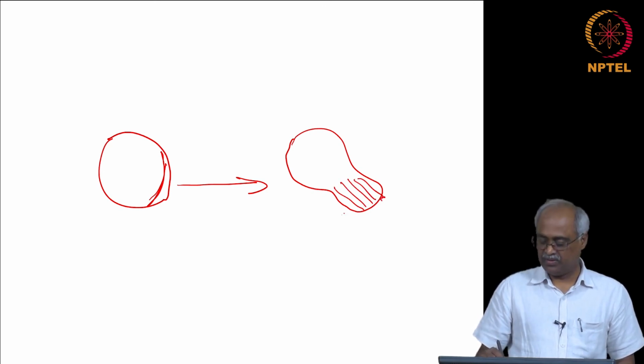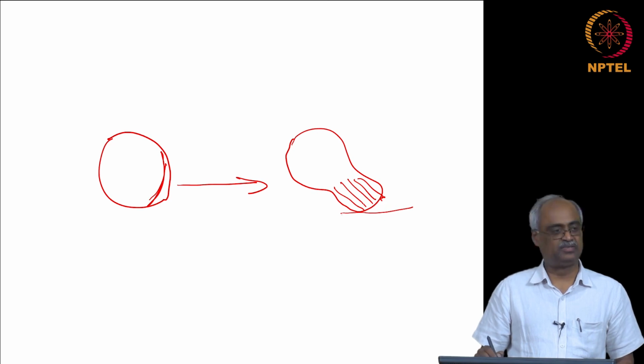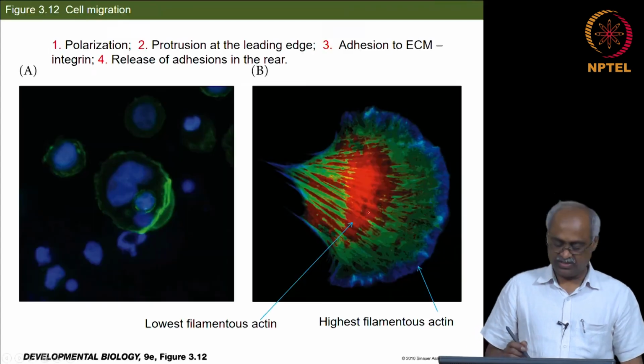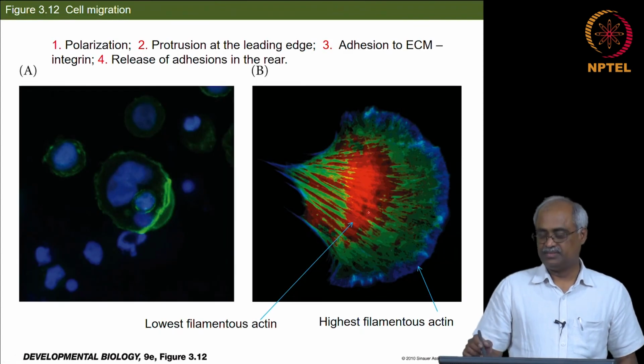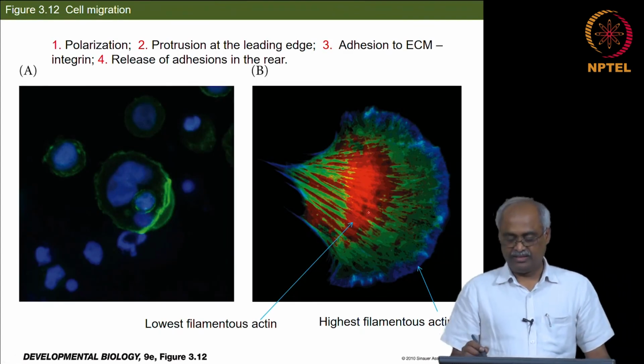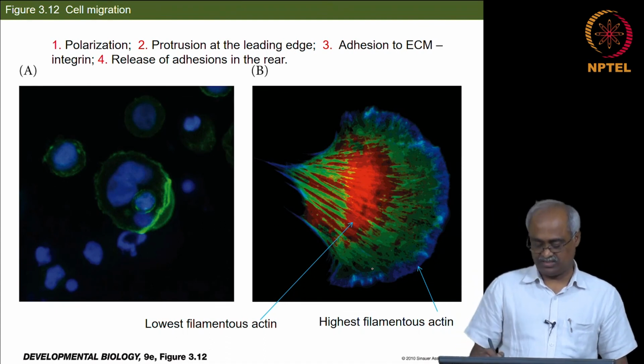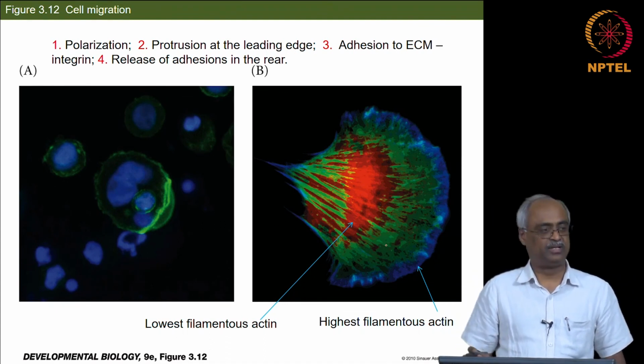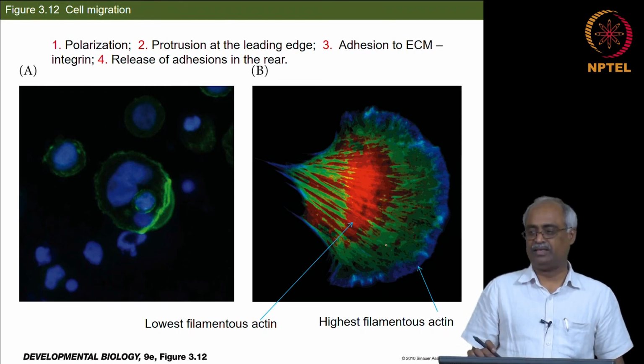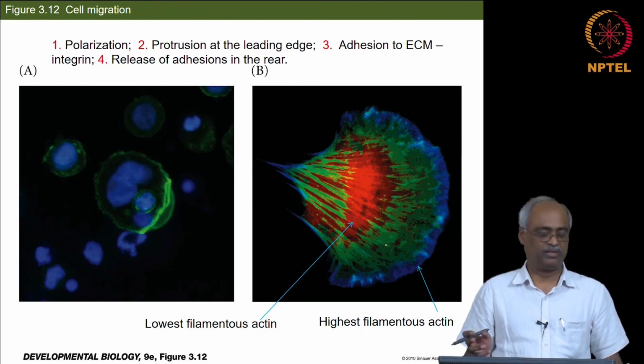Okay. And now this gets attachment. So, you produce cadherins and other molecules such that it attaches to the ECM here, and that is what you are seeing in this. In this particular case, what they have made is one large structure called a lamellipodia, and sometimes it could be a single filament-like thing that you call filopodia.